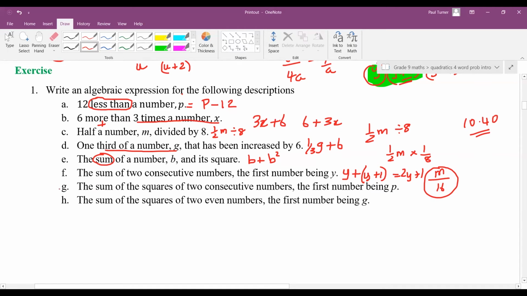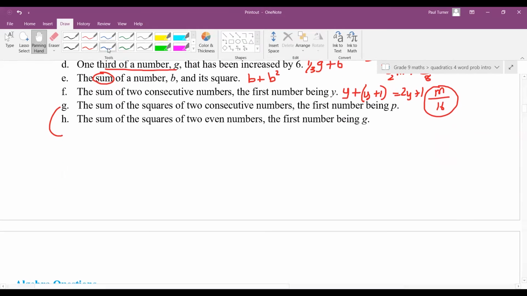So a little bit harder here, G. The sum of the squares of two consecutive numbers. So let's say the first number is P, but let's say you've got 1, 2, 3, 4. The sum of the squares. The first number is P. Let's say it's that one.